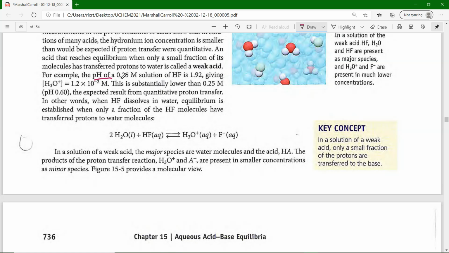Now, the pH of a 0.25 molar solution is 1.92. What you would think if it was a strong acid is that the pH would be the negative log of 0.25, that all of it would ionize. Log of 0.25 would be 0.60.